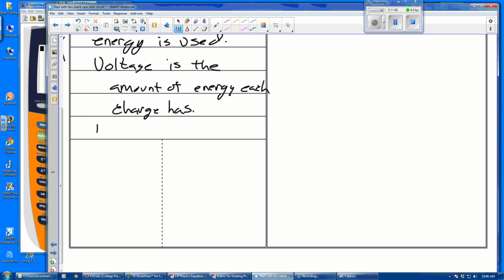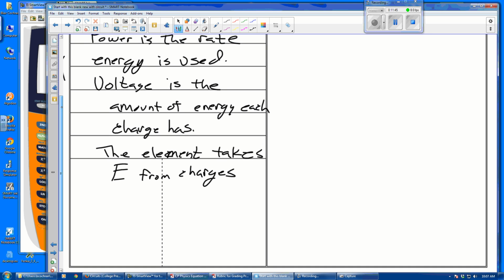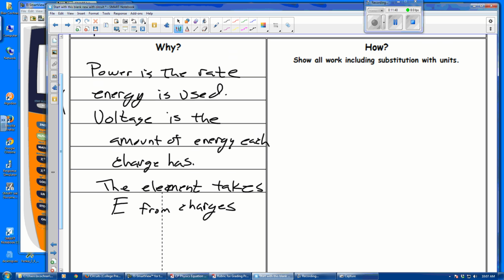And then that it takes energy to, how about, let's put it this way, the element takes energy from the charges. Alright, so you would need a written Y for this one.